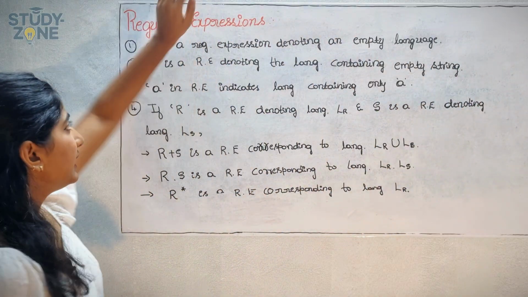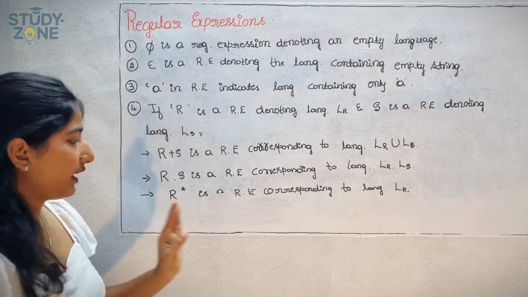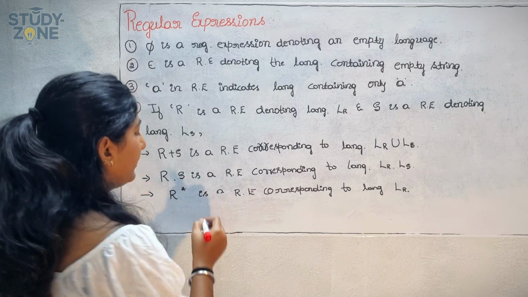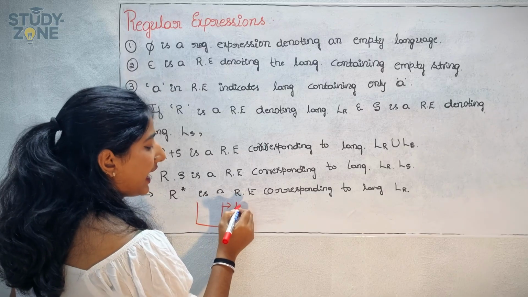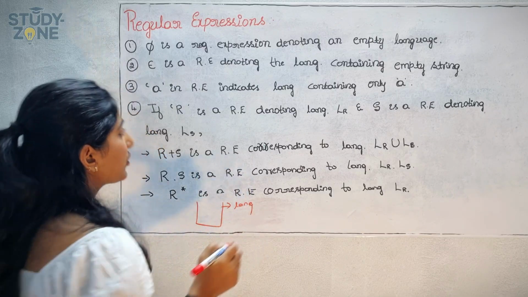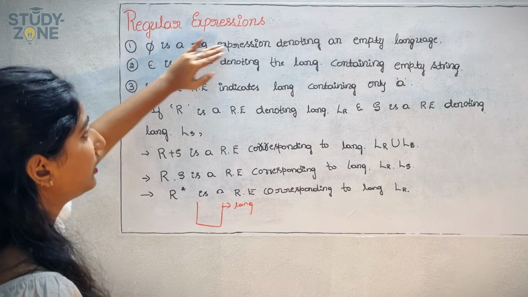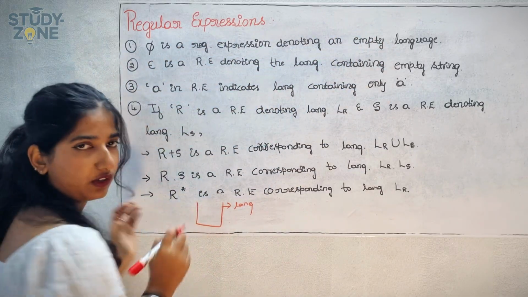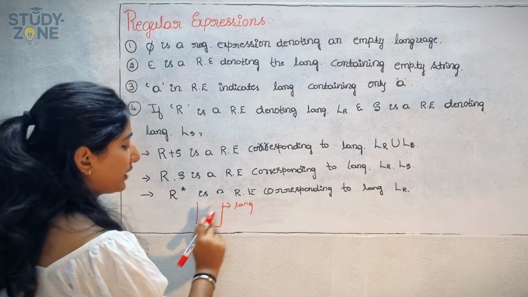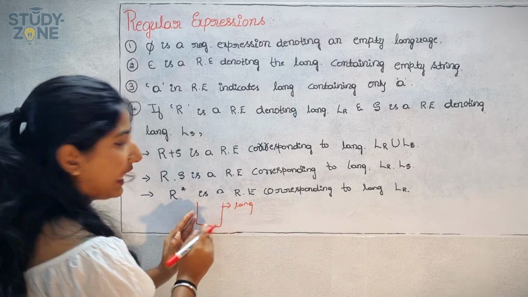So we have null symbol, which is an empty language. I will give one example. Let us take this one as language. Here null symbol is a regular expression denoting an empty language, means there is no box at all, or the box is empty. So this is a language.